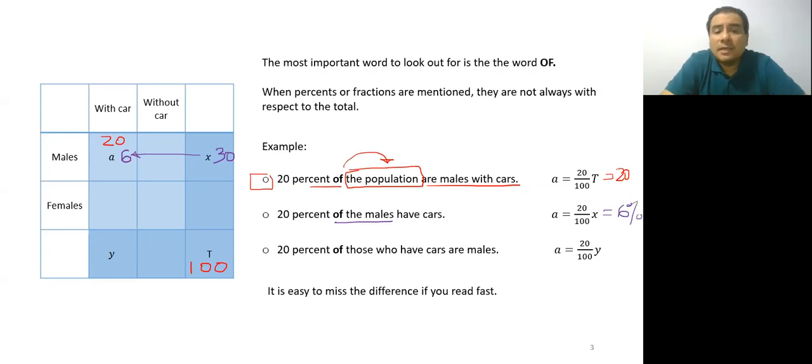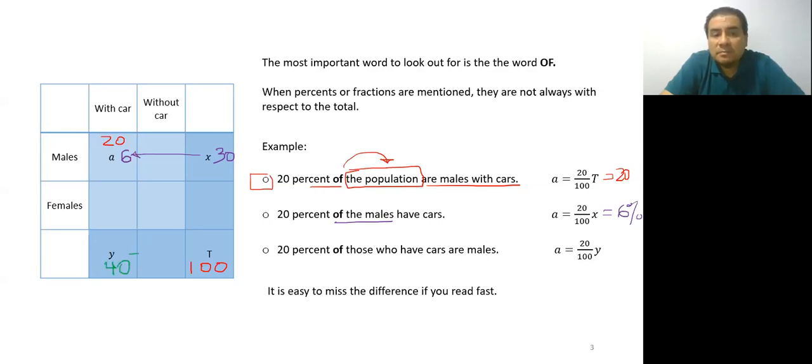What about if the problem hadn't referred to the 20% of the males, but instead to 20% of those who have cars are males? So suppose that the problem said that people with cars are just 40%.